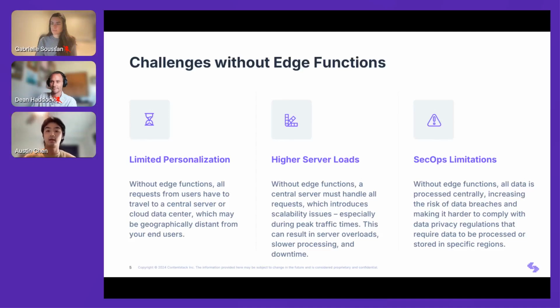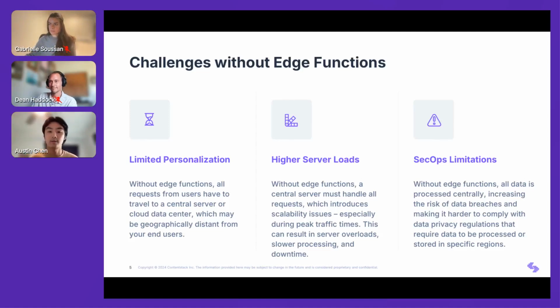So it's not a really tailored experience for all of your users. Next, high server load. Without edge functions, the central server that's handling all these requests introduces a lot of scalability issues, especially during peak traffic times. This can also result in high server overloads, slower processing times, as well as potential downtime.